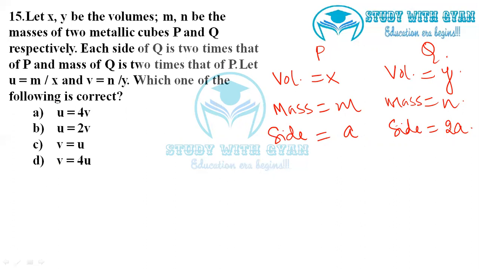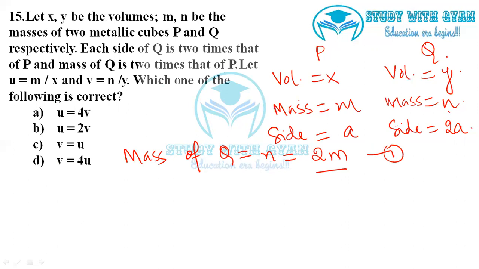After this, what they are saying: the mass of Q is 2 times that of P. So the mass of Q is n, and that is twice of P, that means 2m. You can consider this as equation 1.